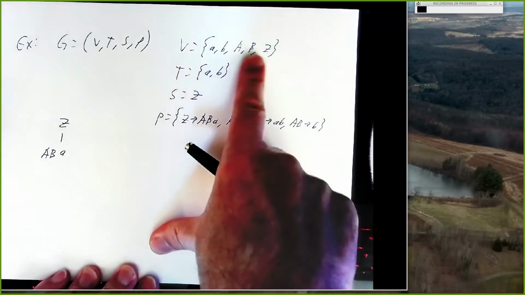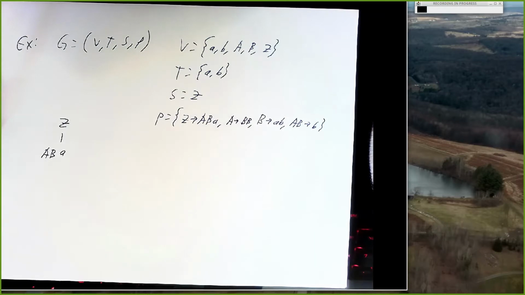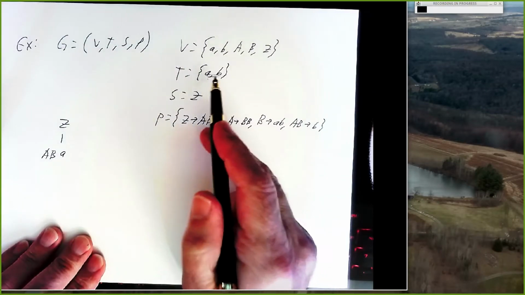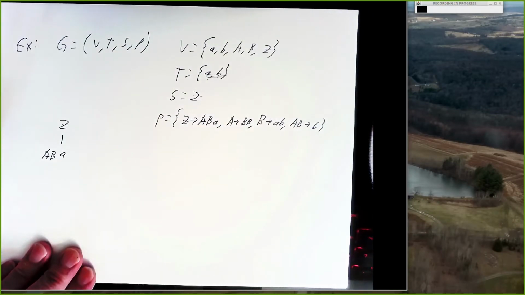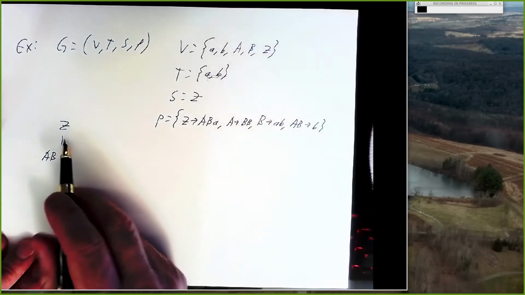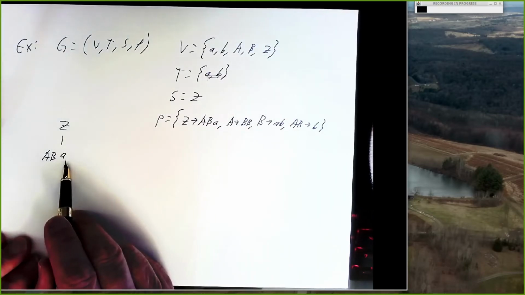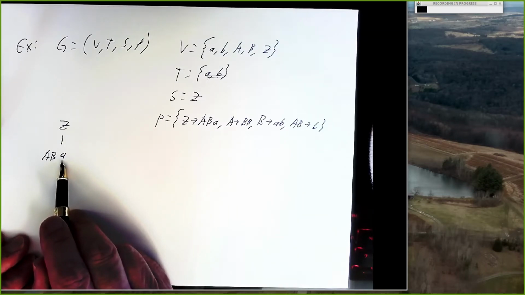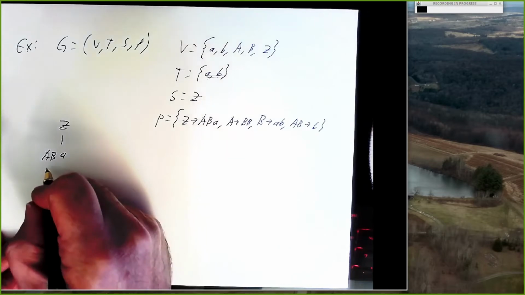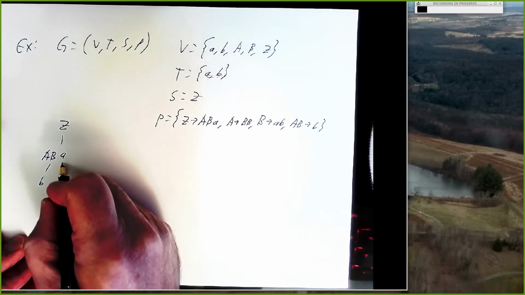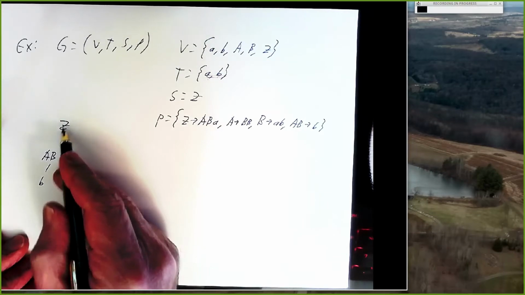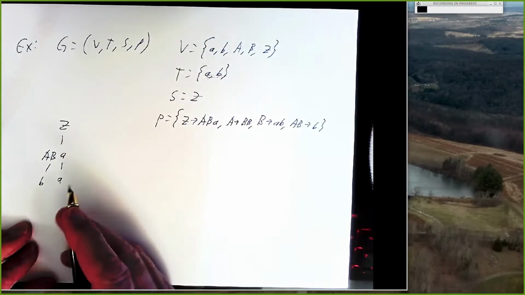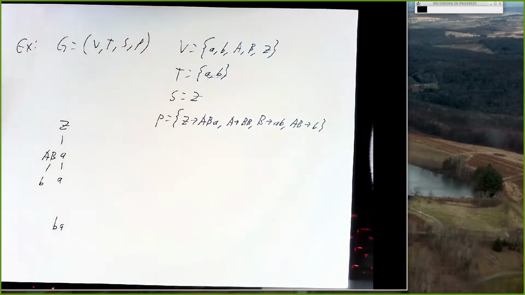These other symbols that aren't terminal symbols are kind of like intermediates. They're like local variables, things that represent other things. But the words that are part of my language are going to be comprised of these terminal symbols, in this case lowercase a and lowercase b. So I know that my start symbol Z can be an uppercase A, uppercase B, lowercase a. And I know that an uppercase A, uppercase B could be simply a b. And so from my start symbol, I can get to the string ba. And so this is part of my language.